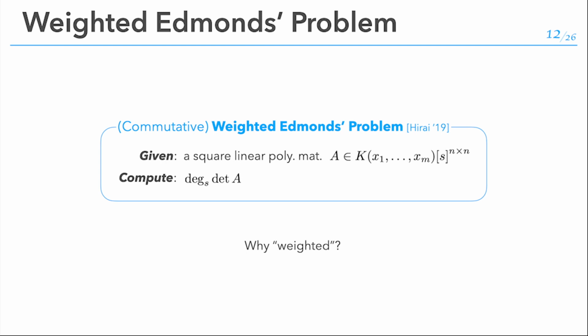We are given a square linear polynomial matrix A, and then we want to compute the degree of the determinant of A. Here, we need to say that the determinant of A is a single polynomial in s itself, so its degree in s is well defined.